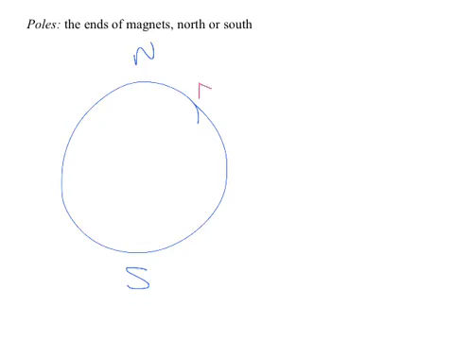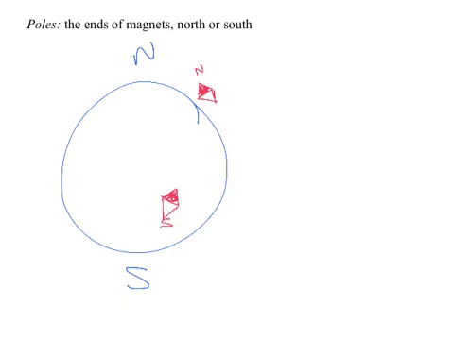If you had a compass on the surface of the Earth, spinning freely, the north end of it would point toward the North Pole. If you had a compass down here on the south side of the Earth, the south end of the magnet would point toward the South Pole.